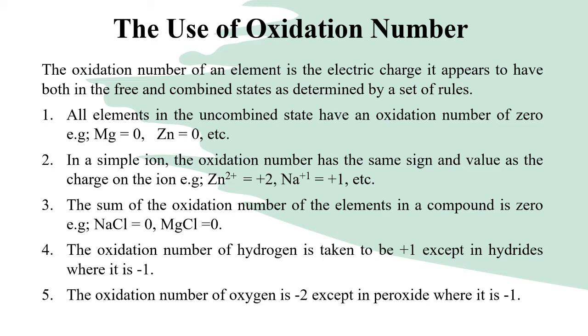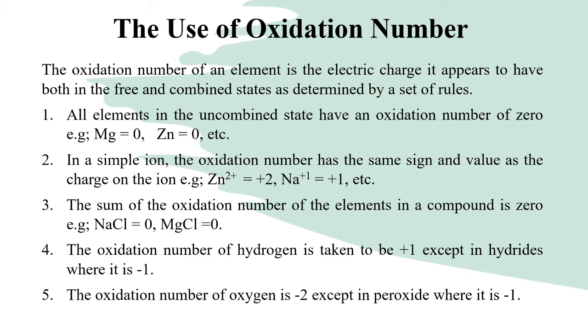Number 3, the sum of oxidation numbers of the elements in a compound is 0. Just like rule 1 that says uncombined states, the same goes for a compound. Number 4, the oxidation number of hydrogen is taken to be +1, except in hydrides, where it is -1.